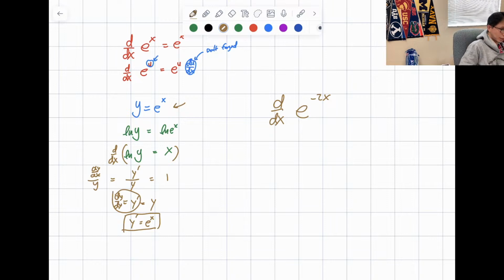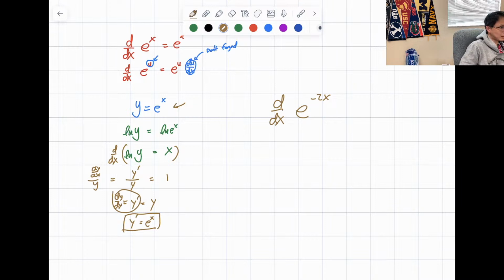Say that whole answer again. No. Your whole answer is negative 2, or is there something else? It's okay. Ding? du dx.